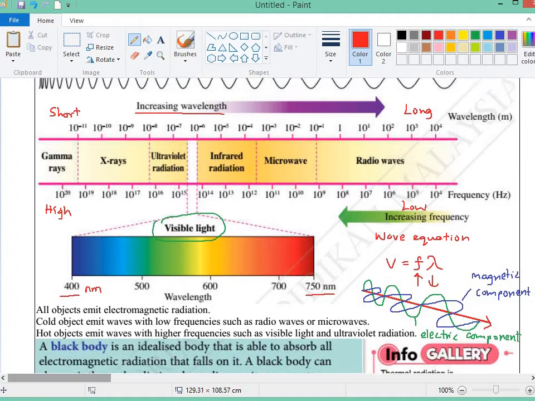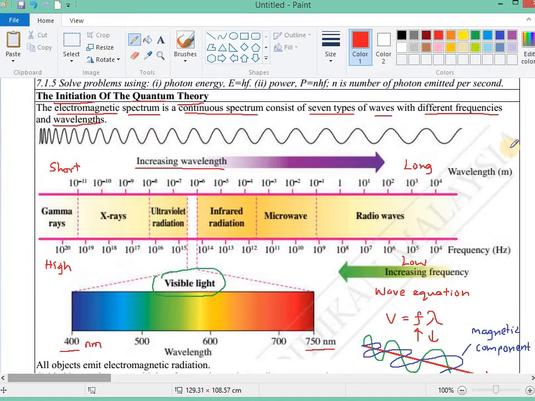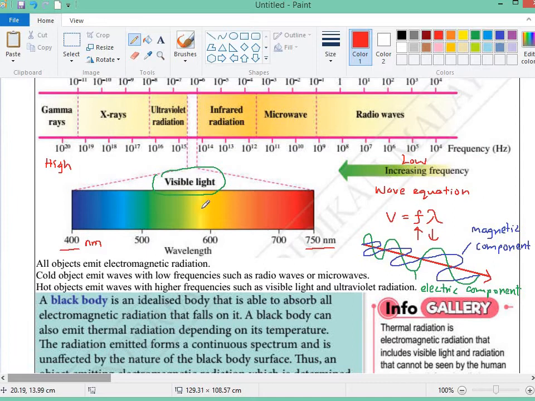Okay, so this is a little bit of revision about electromagnetic waves, and this is the electromagnetic spectrum. Alright, so all objects emit electromagnetic radiation. Why do we say all objects? What does it mean? Does our body emit electromagnetic radiation?